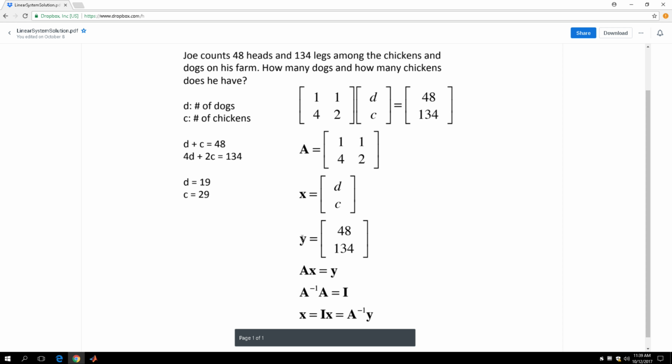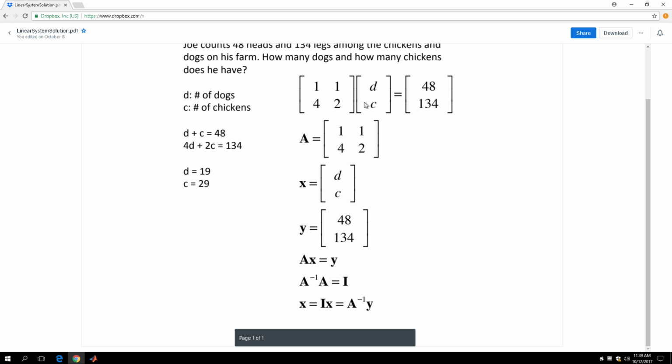Let's use small y to represent this column vector, right? And then this particular equation, this matrix vector multiplication form of the two equations here, can now be represented as A, this matrix, multiply with x, this vector, and then equals to y, this another vector, right?